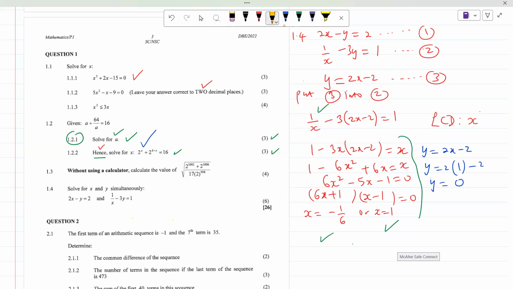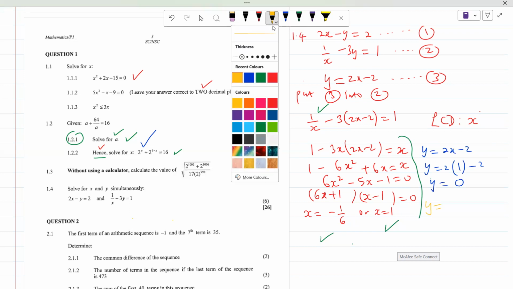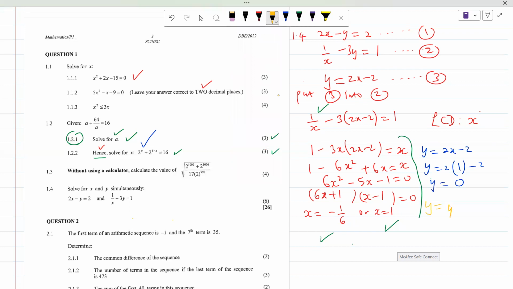So you'd have that y is equal to, okay, this color is too faint, so I'm going to use green.